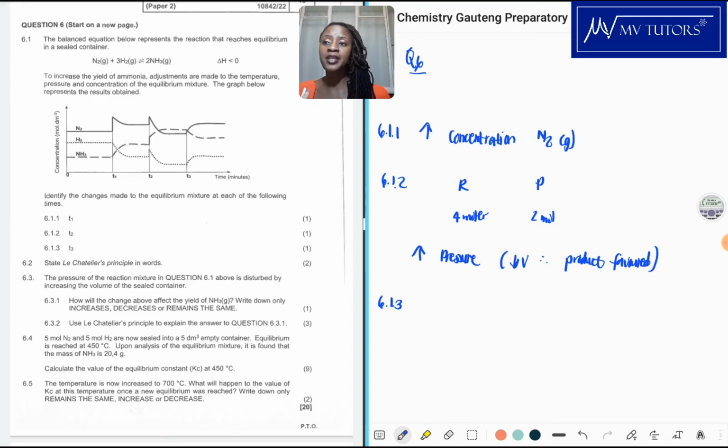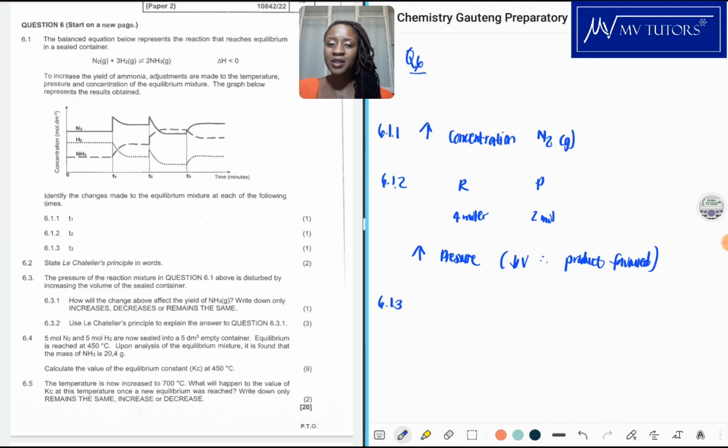Remember, this reaction is the forward reaction, that is, it is exothermic. The reverse reaction will be endothermic. So if we want more of ammonia, okay, we want it to be product favored, what are you going to do? Remember, forward reaction is exothermic, reverse reaction is endothermic.